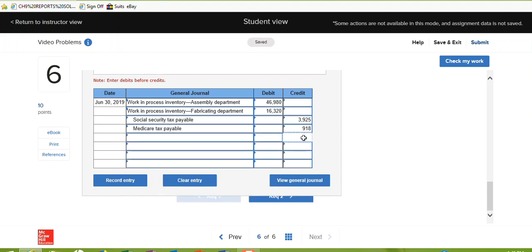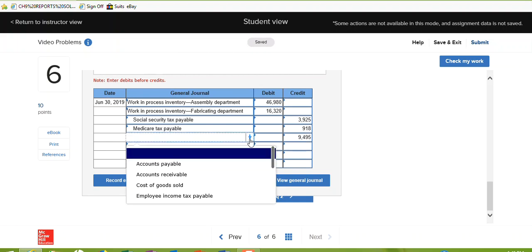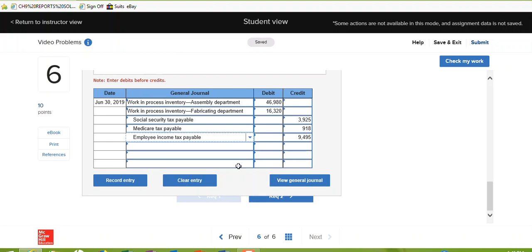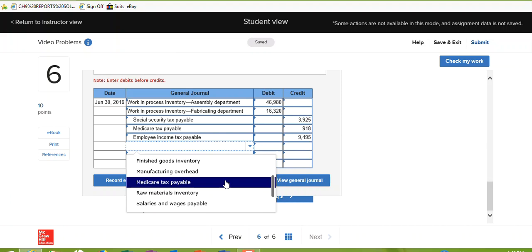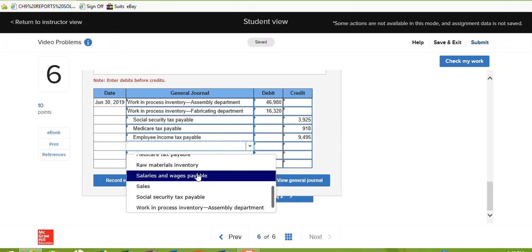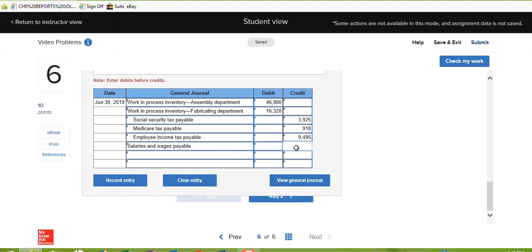My income tax was $9,495. And there were only those 3. So now we have our gross pay. This is the stuff we kept out. So we're left with the net pay, and the net pay is what we're going to pay to our employees. So that's salaries and wages payable. It's still a debt because we haven't paid them yet, so it's a payable.